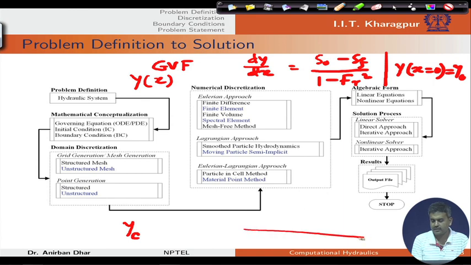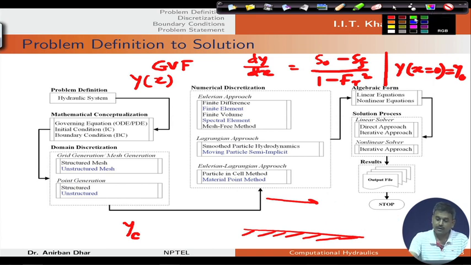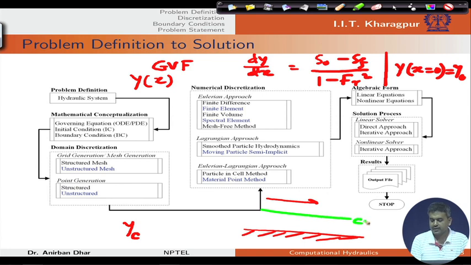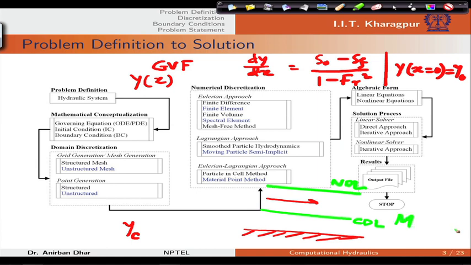So, if we consider this as channel and flow is from left to right, obviously, if we have CDL or critical depth line here and normal depth line above, then we have M profile conditions, and we can find out this NDL based on the value Yn. Yn is nothing but the normal depth. We can calculate this normal depth from our Manning's equation.